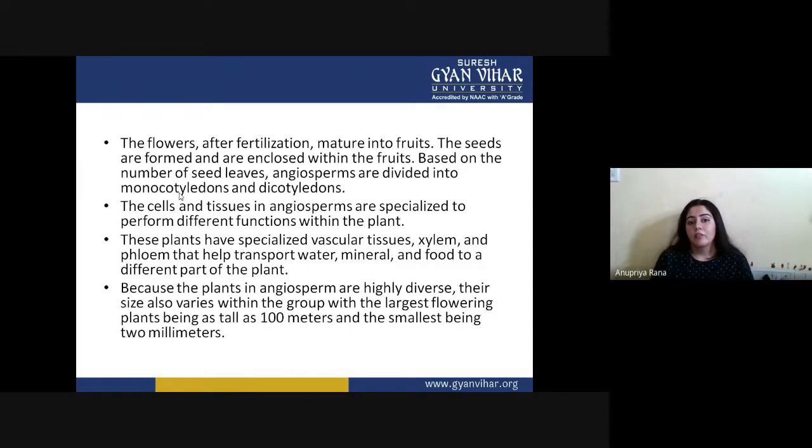They are also very diverse in terms of length. The smallest angiosperm is just 2 millimeters, while others can be up to hundreds of meters, which is huge. So you can see how height can differ inside the plant body.